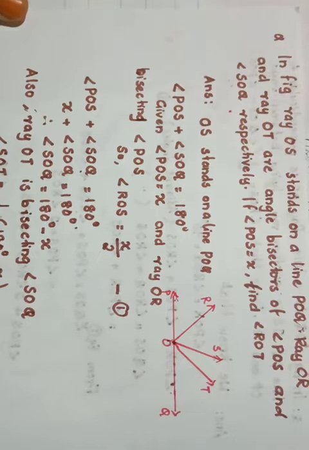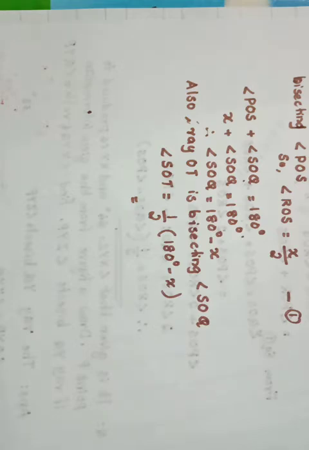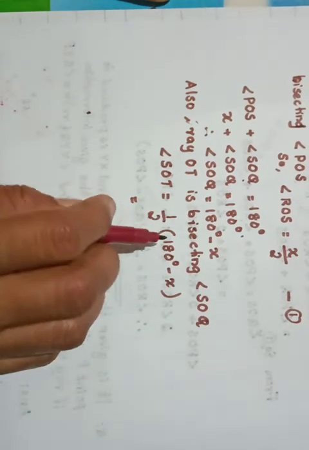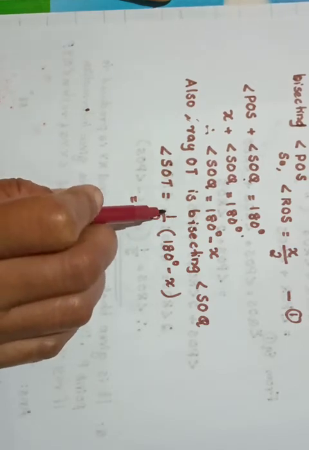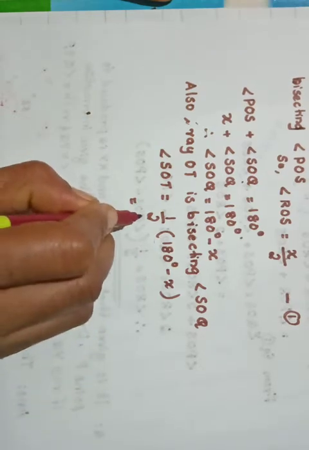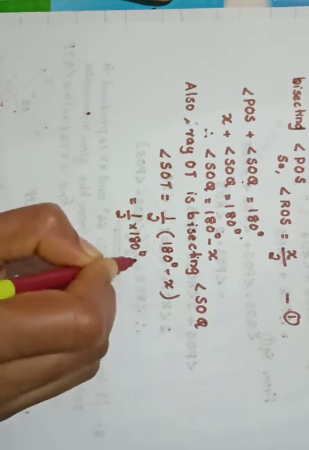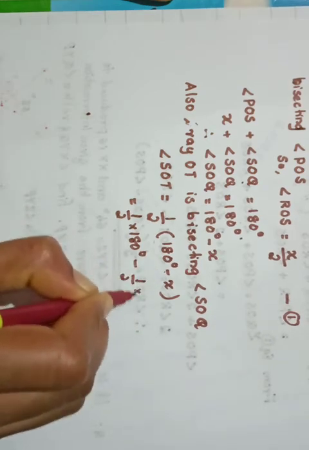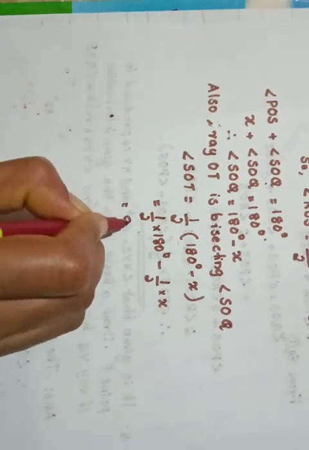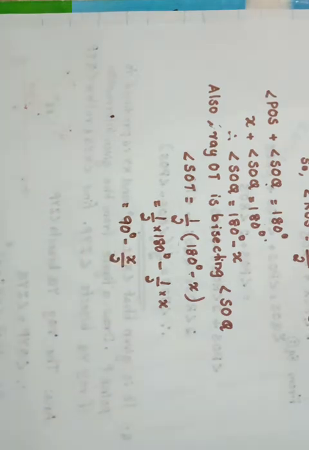In previous classes you studied that if a number comes outside the bracket, you take this number for both the numbers inside. So half into 180 minus half into x, which is equal to 90 minus x by 2. Half of x means x by 2.